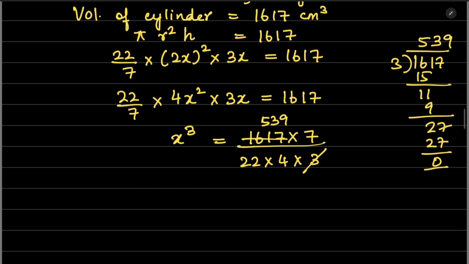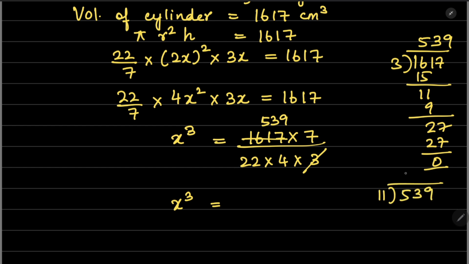So here what we can do is, this is x cube, right? Okay, so what you have here is this 539 is divisible by 11.